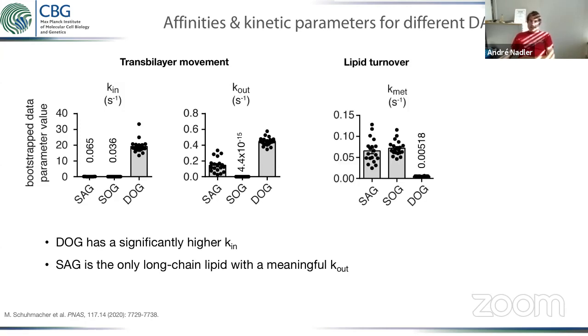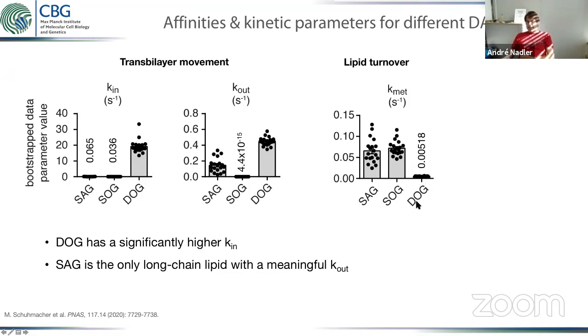The next thing is we find that both long chain lipids are metabolized much faster than the short chain variant. And this probably makes a lot of intuitive sense again, simply because these are the native substrates for diacylglycerol lipase and diacylglycerol kinases, whereas this more soluble substrate is probably not.